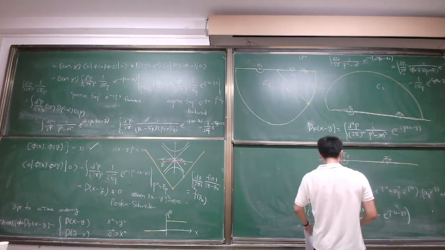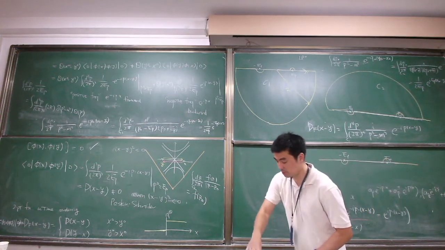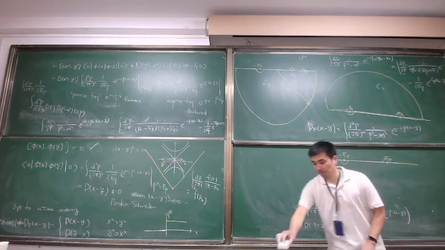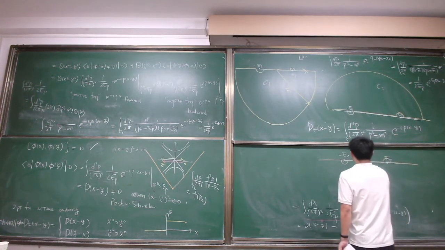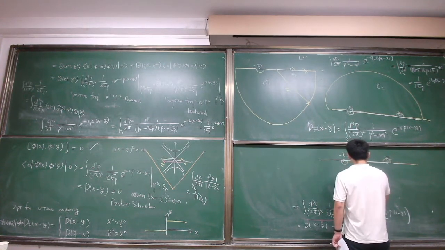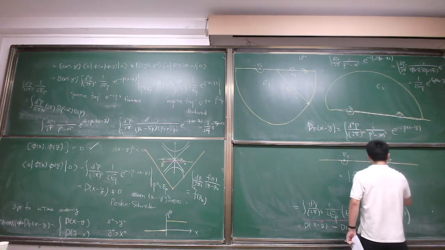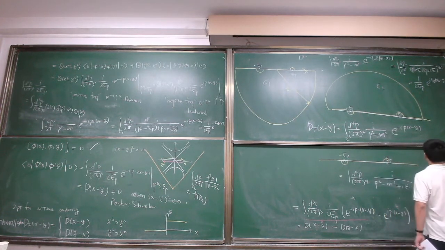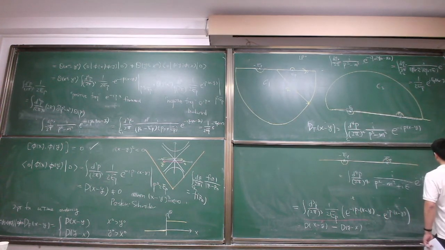Sometimes there is the so-called epsilon prescription. This can be written as the integral d4p over (2 pi)^4 of I over p squared minus m squared plus I epsilon, times e to the minus ip(x minus y).